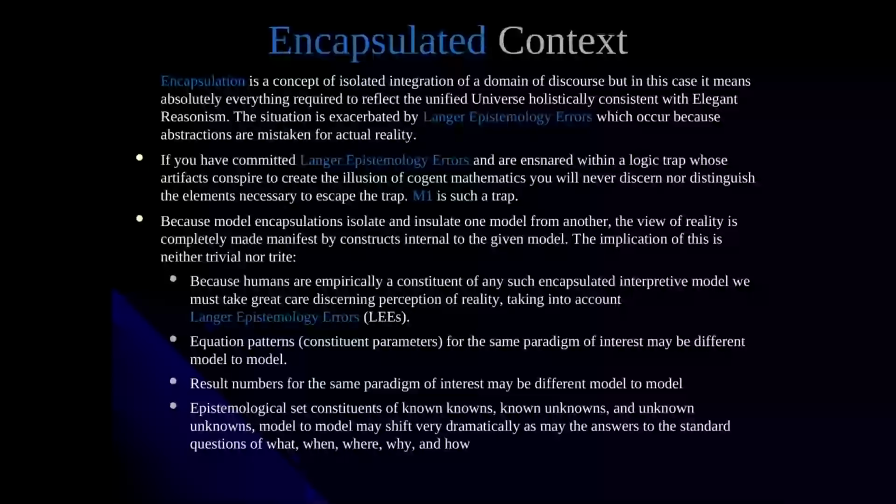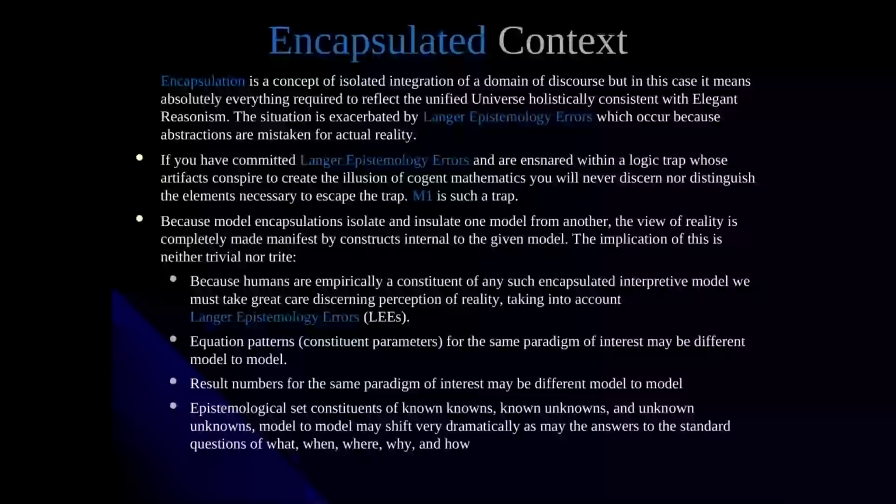Result numbers for the same paradigm of interest may be different exactly because those patterns are different. So don't expect the same kind of numbers from two different models. They're going to be different. And that should be obvious because the considerations are different. But that's not the issue.